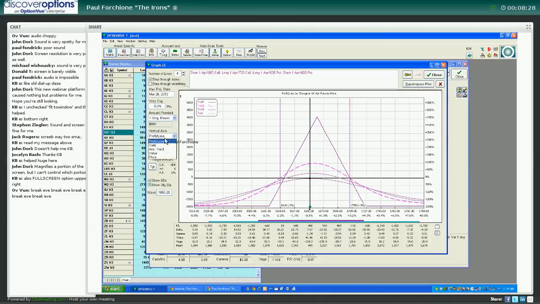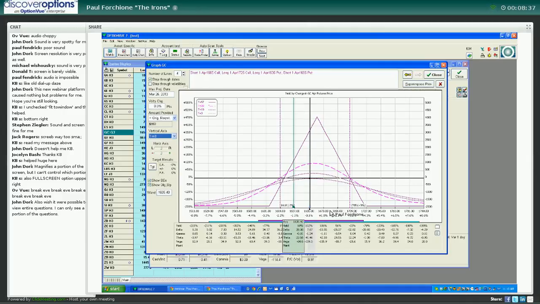What you can do is change the vertical axis from profit and loss in dollars to yield, and it will show you your possible projected yield over various ranges and prices. So that's the other thing that makes these positions attractive, the potentially high return on margin in a relatively short period of time.